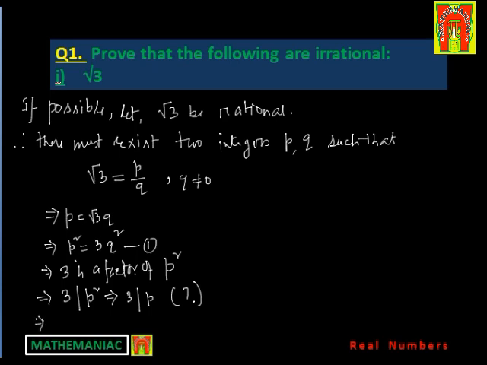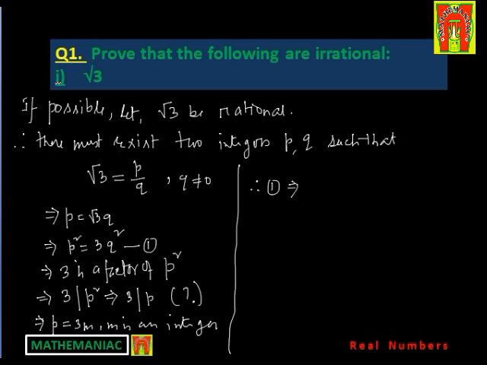Okay, if 3 is dividing p, I can write p equal to 3m, m is an integer. Can you understand? If 3 is a factor of p, definitely p can be written as 3 times some integer. I have written this. Now this value you put in equation 1, right?